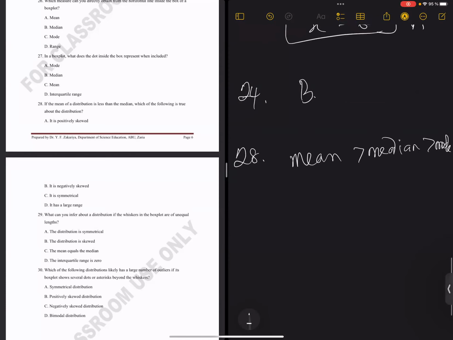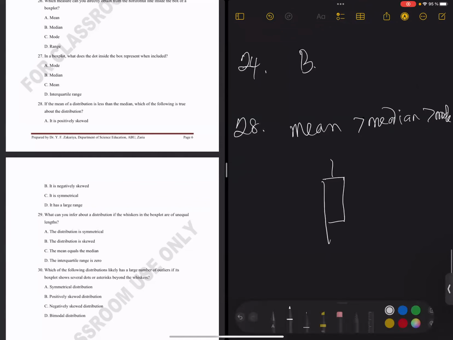Do you remember box plot? Yes, I remember. Okay, I want to draw a small box plot now. This is a box plot of a distribution where the mean is greater than the median.